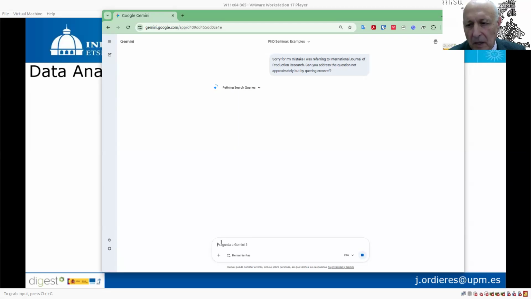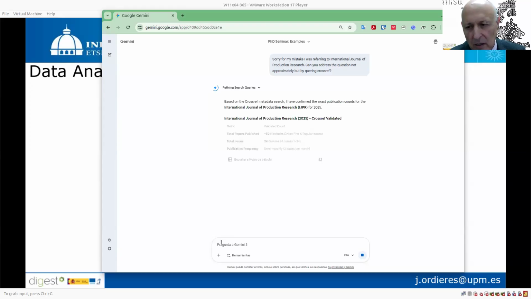Then, as you see, it is preparing queries, it is creating the code to submit the queries, to consume the endpoint, and then to elaborate the answer.